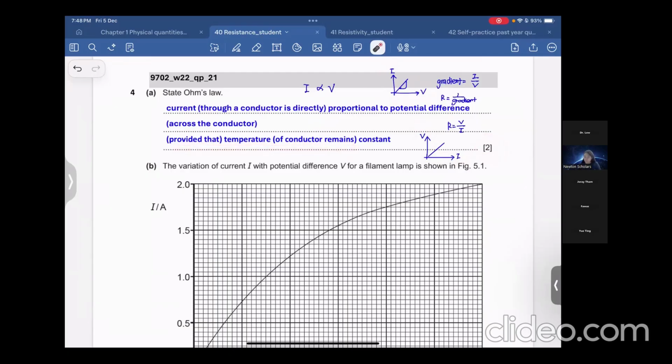Why? Because this graph represents the resistance, and resistance is also affected if your temperature changes. So we use this graph provided other physical quantities are constant, so we need to mention, provided the temperature is constant.